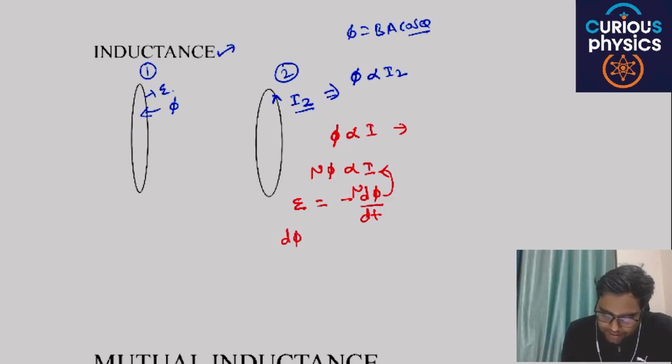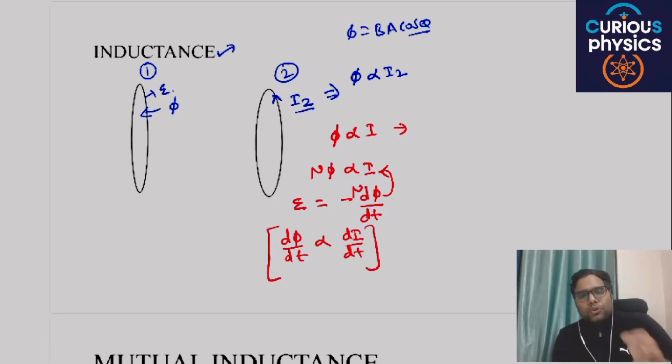So you can say that d phi by dt is directly proportional to dI by dt. Are you able to understand my point or not? If you want to change the flux, you have to change the current. Okay, are you able to understand my point or not?